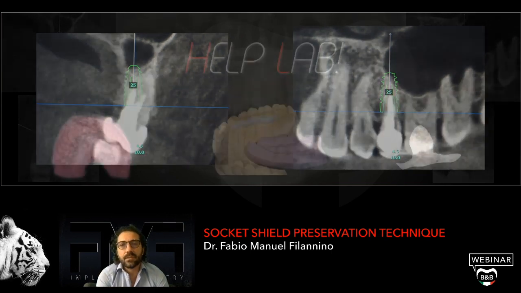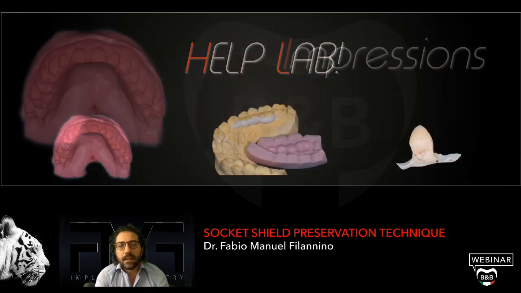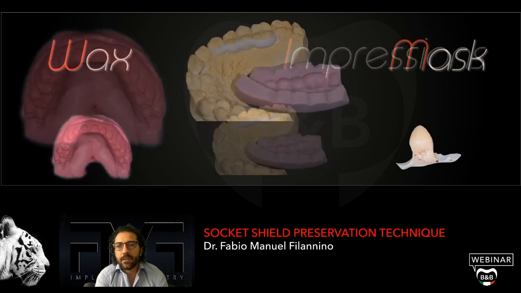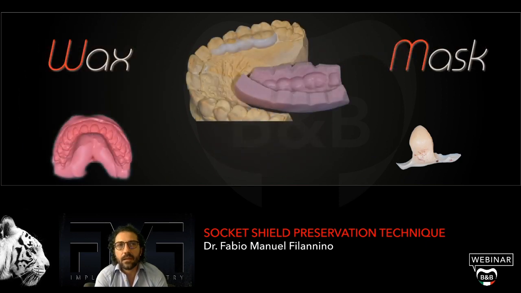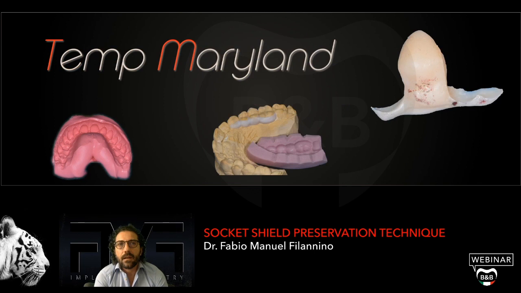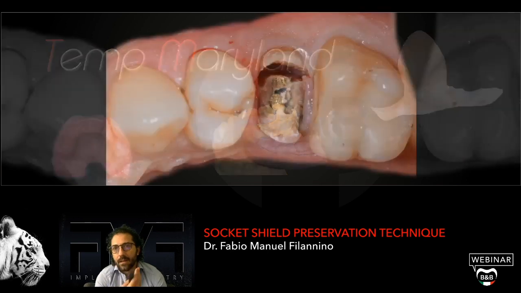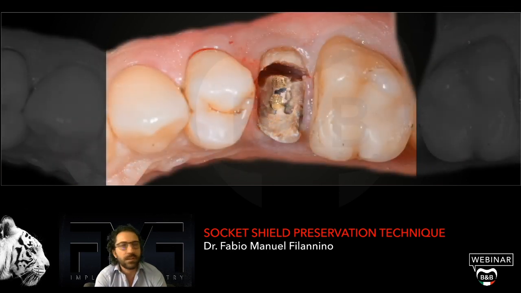So I said to the lab, okay, I'll take an impression, and please make me a temporary Maryland bridge, to give the patient a smile when she goes out after the surgery.